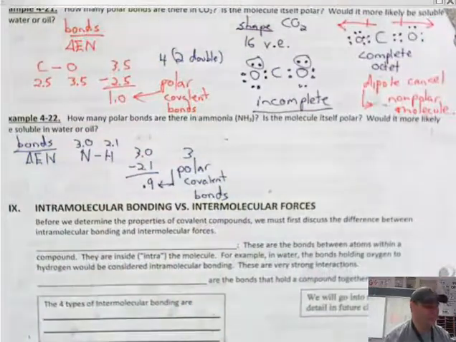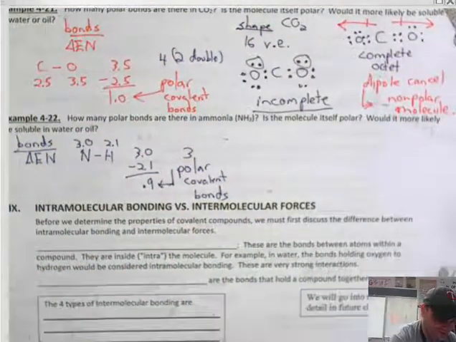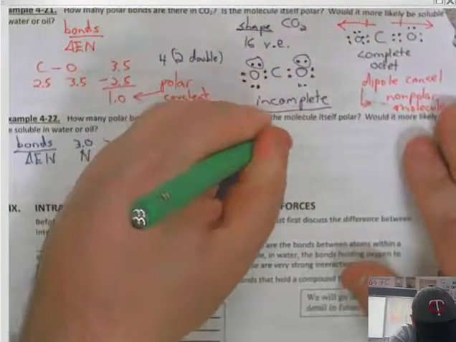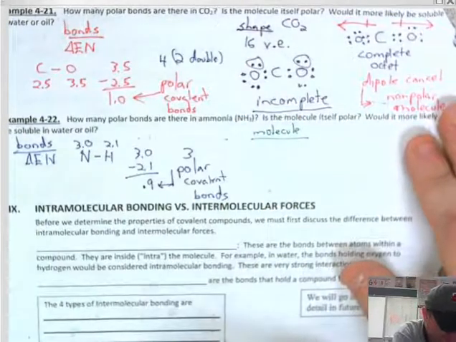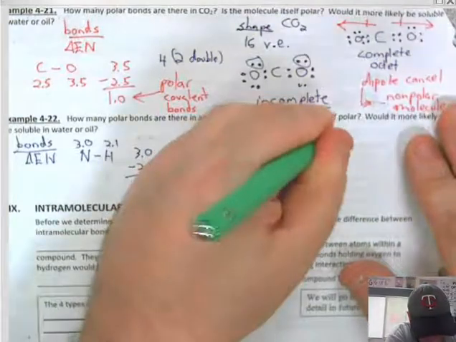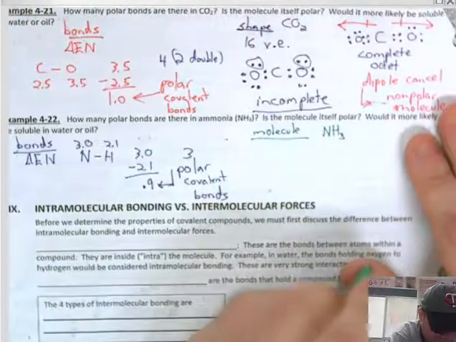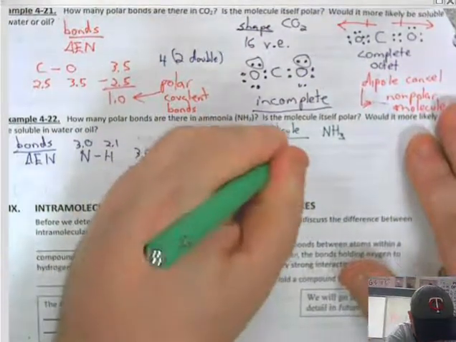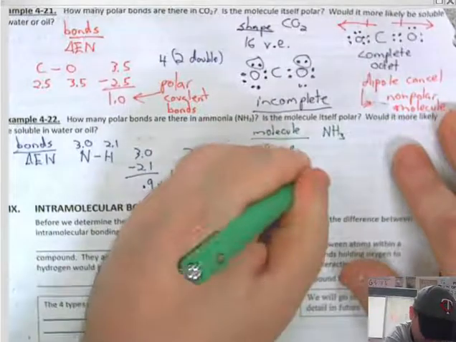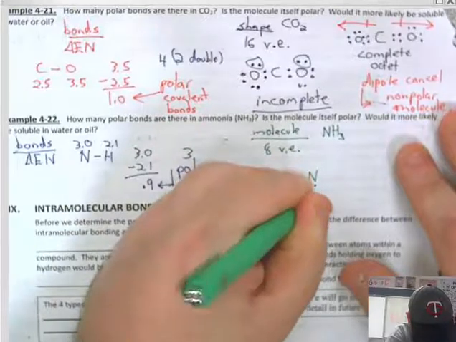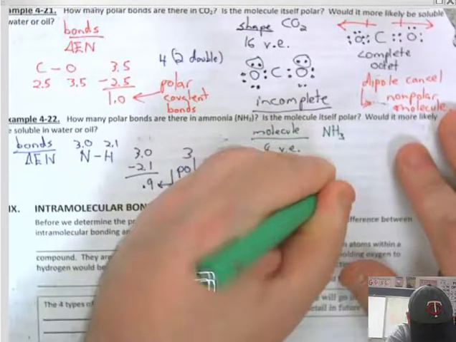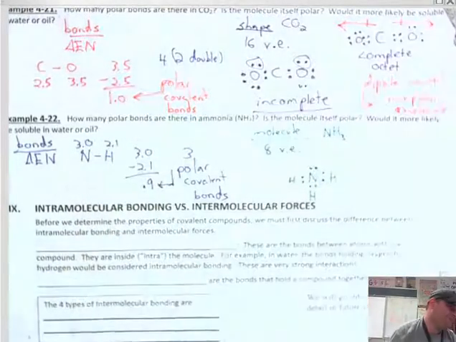Okay. Now we have to do the molecule. NH3. So we have 8 valence electrons here. Okay, so we have a nitrogen bonded to a hydrogen, bonded to a hydrogen, bonded to a hydrogen, and then we have a pair of dots there.